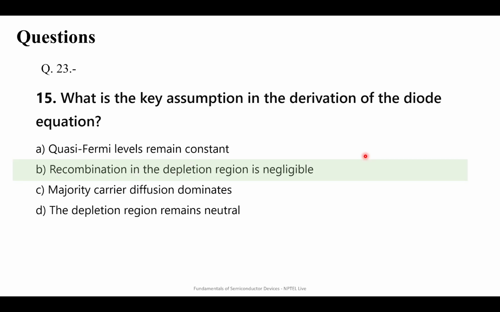So the answer to this would be recombination in the depletion region is negligible.